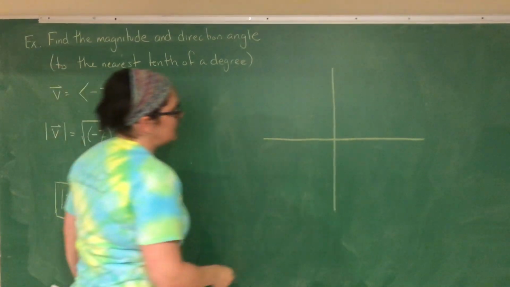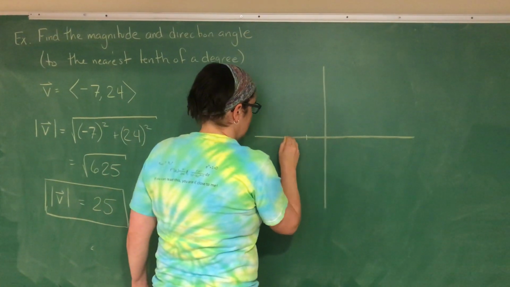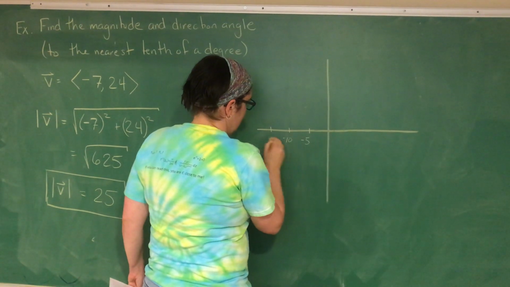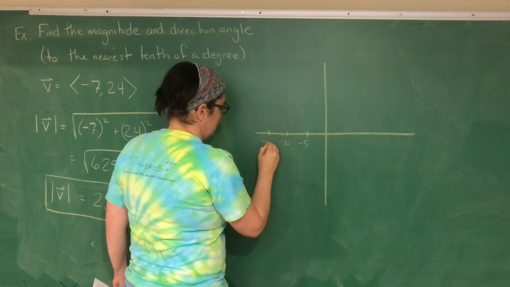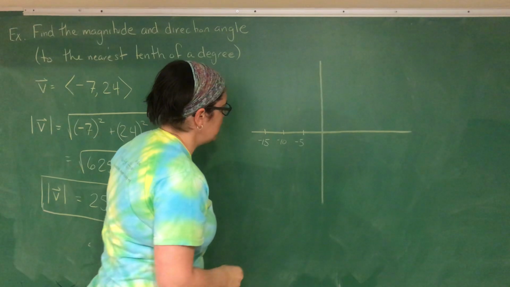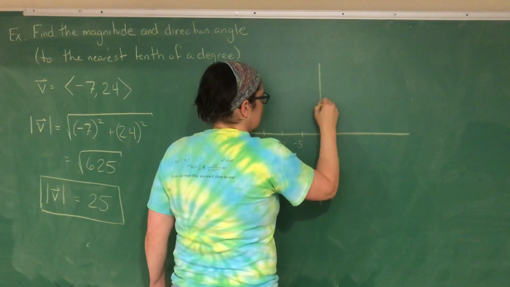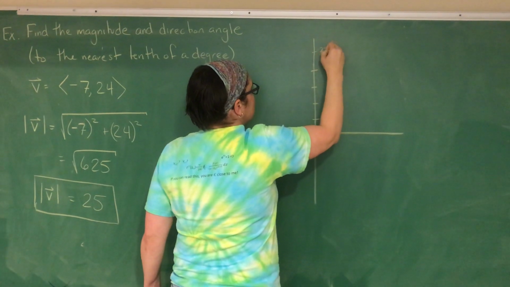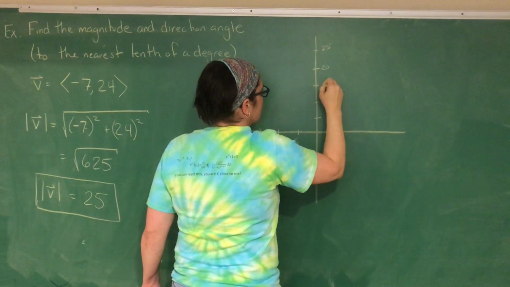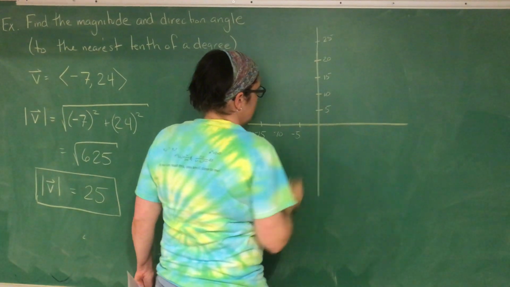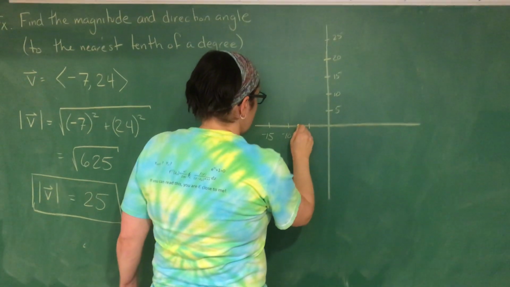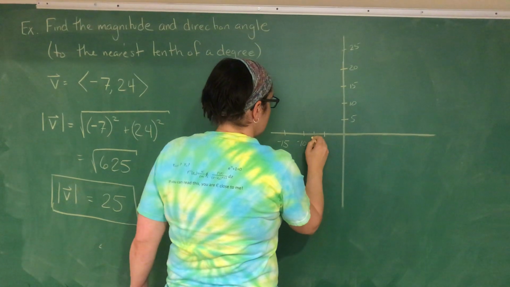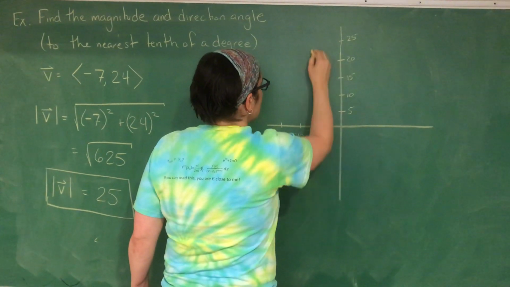We have -7 in the x direction. Now I'm going to mark by values of 5 because this positive 24 is pretty big. 5, 10, 15, 20, 25.